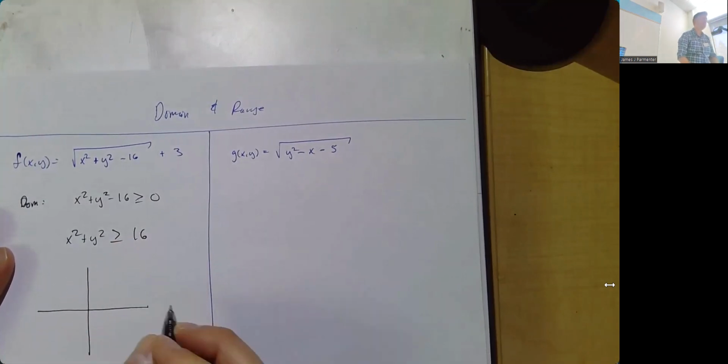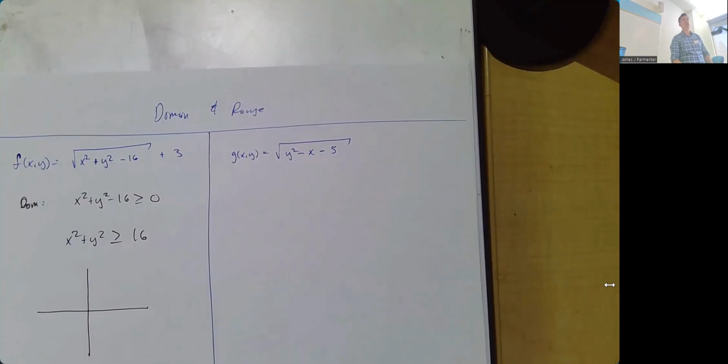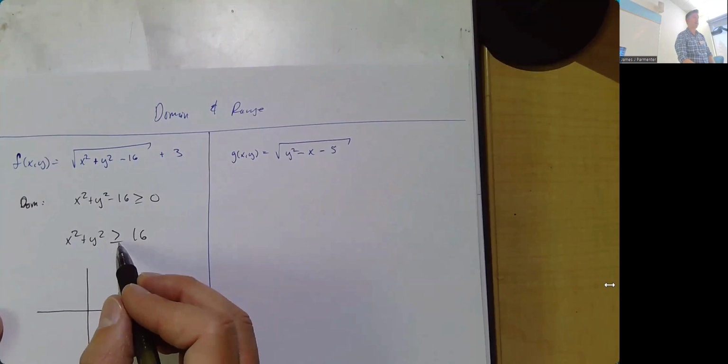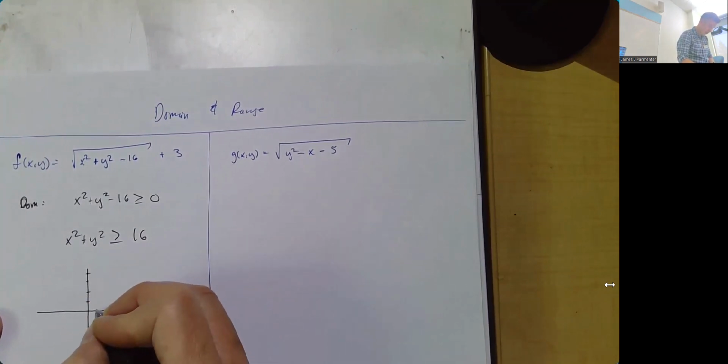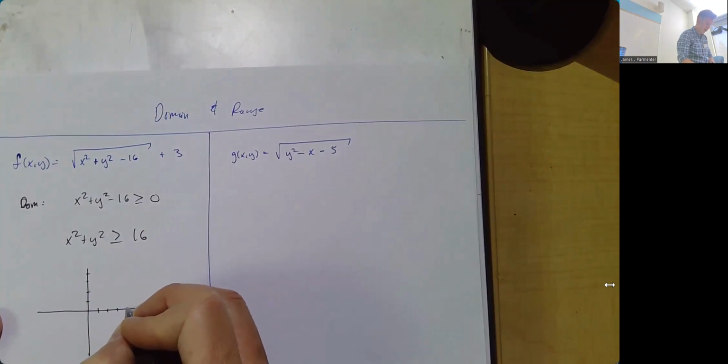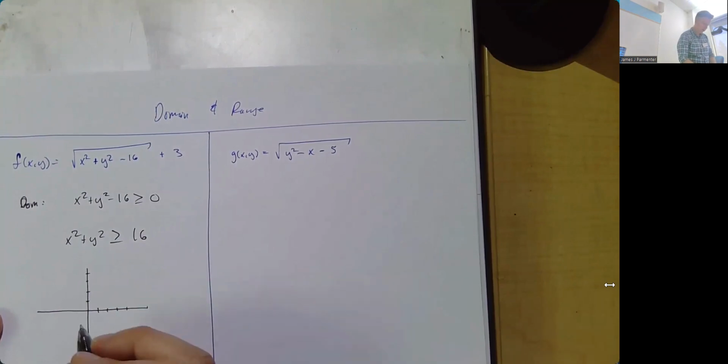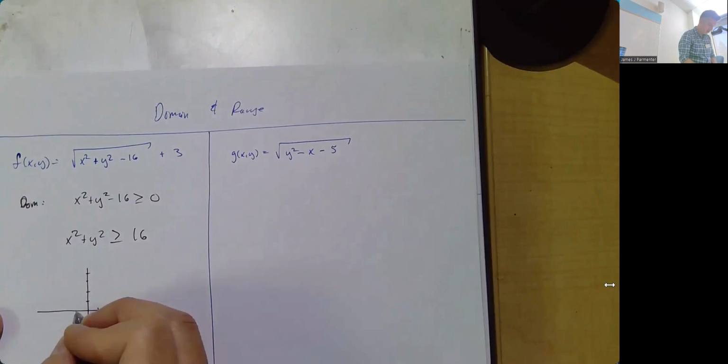Should I draw that circle as a dashed line to exclude it, or as a solid line to include it? Do I want it to equal 16 or just be bigger than 16? I want to include it because literally the equal sign right there. So when you're drawing your border, pay attention to whether it's a strictly greater than or a greater than or equal to, and that'll tell you if you should draw it dashed or thick.